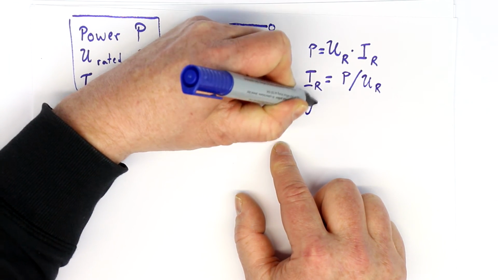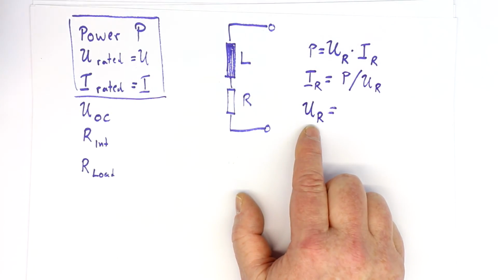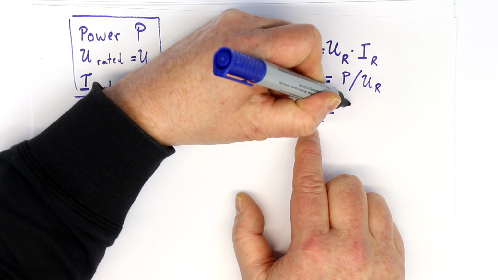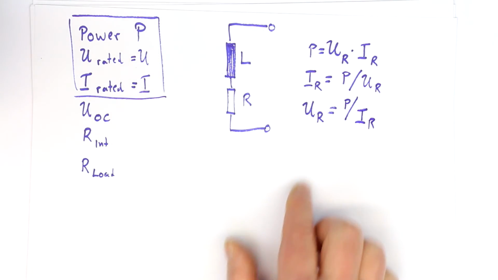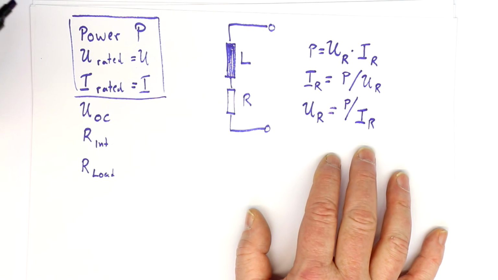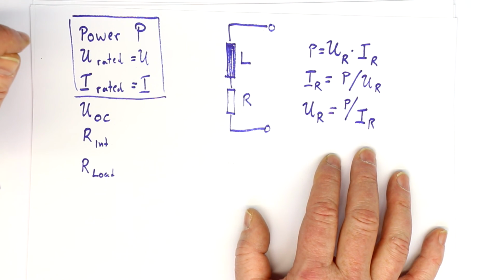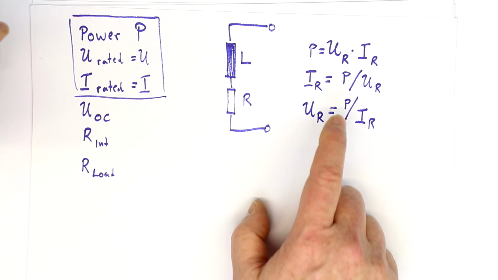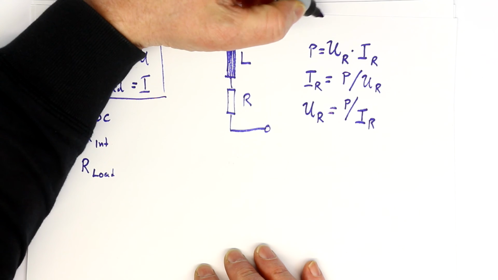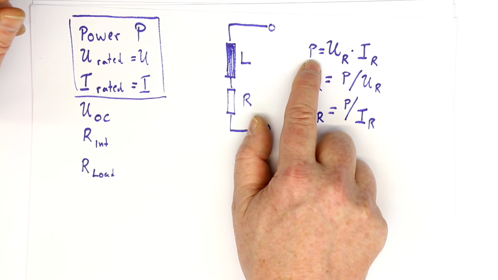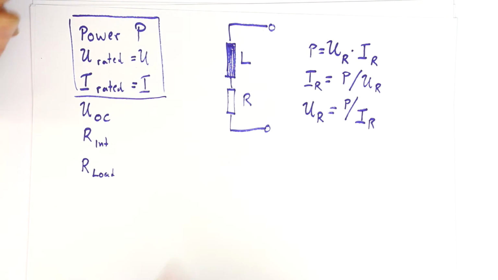And if you want to know the rated voltage, then it's simply the power P divided by the rated current. So that was the easy part. If you have two of these values and want to know the third one, these are the easy formulas, simply from the definition of power: power is rated voltage times rated current.